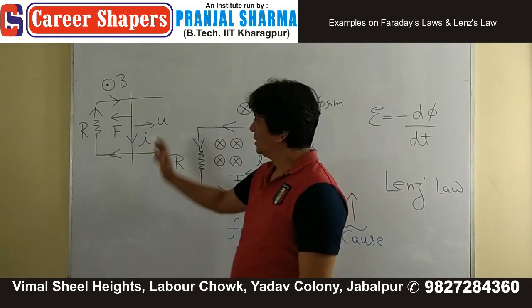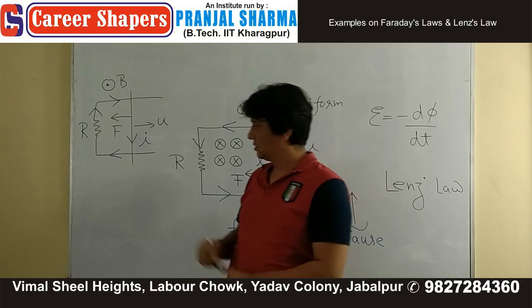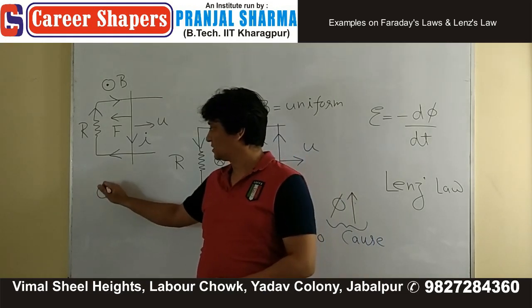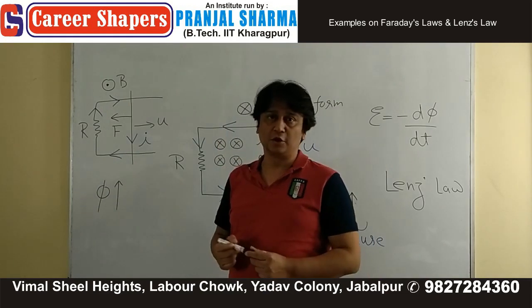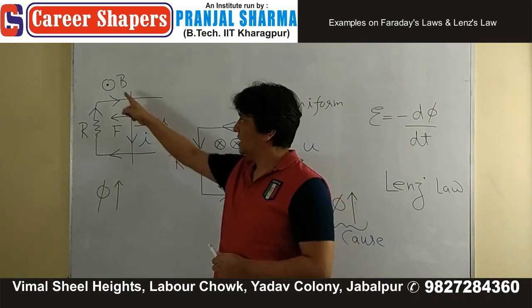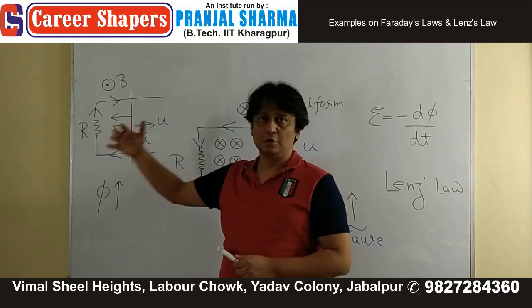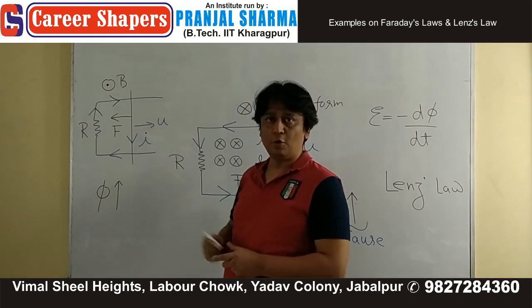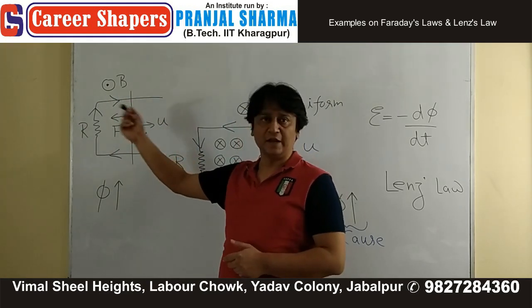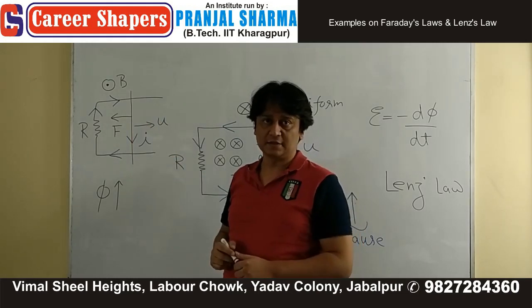So here, rod is moving in this direction. Again, flux is increasing. The flux is increasing, you have to decrease it, but this time magnetic field is pointing towards you. As the rod moves, more number of magnetic field lines pointing towards you are present, and you need to decrease this.